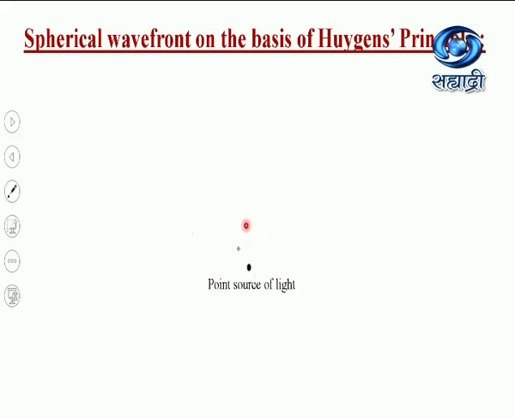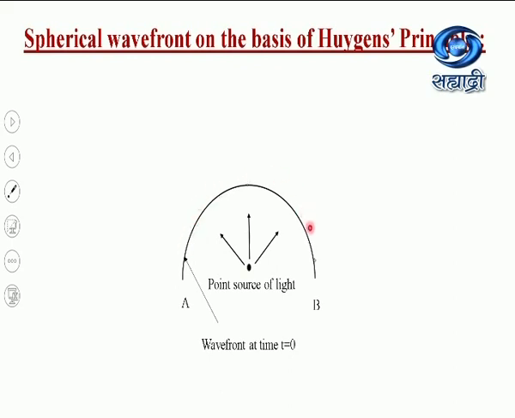We consider a point source of light in the given medium. It emits light waves in all directions. And we get a wavefront which is a spherical wavefront AB. So AB is the primary wavefront at time t is equal to 0.